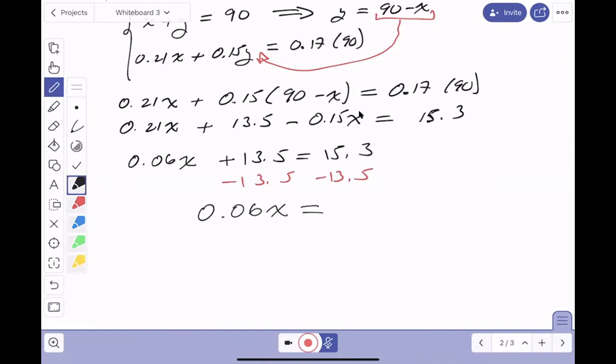Let's see, 1.5, 1.8. Wow, I've got to do something now, don't I? Divide both sides by 0.06. And you're going to get something. Well, left side's pretty easy, right? So you get 180 divided by 6, 30, right?